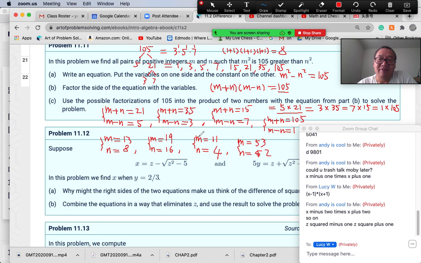If you have not met this kind of problem before, the steps are like this. Write the variables on one side, usually the left side, and the numbers on the right side. Then factor the variables, and also factor the number.